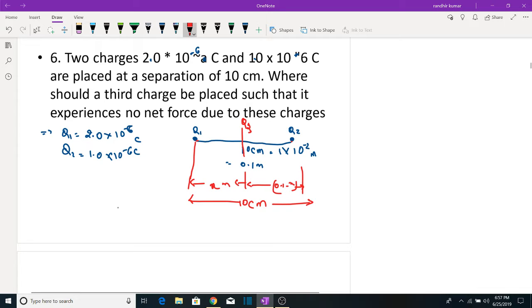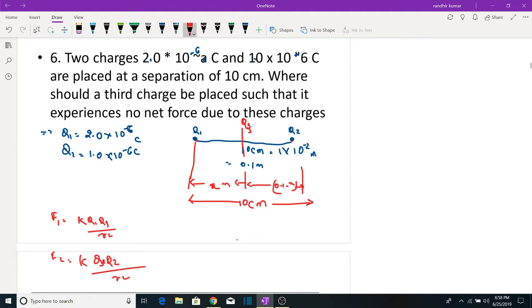So we now have two distances and two forces. F1 equals K Q1 Q3 upon R square, and F2 equals K Q3 Q2 upon R square.